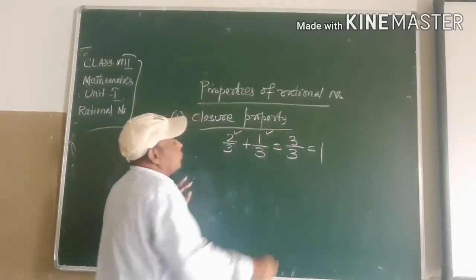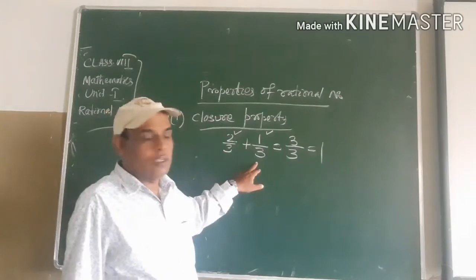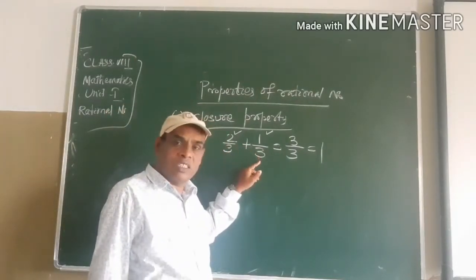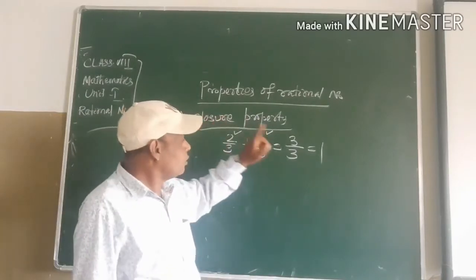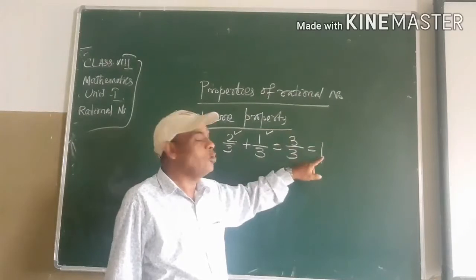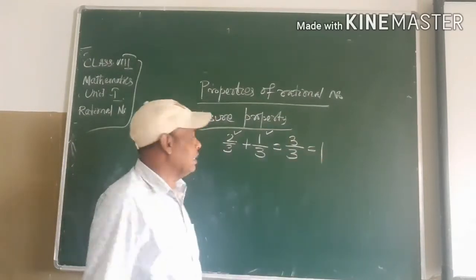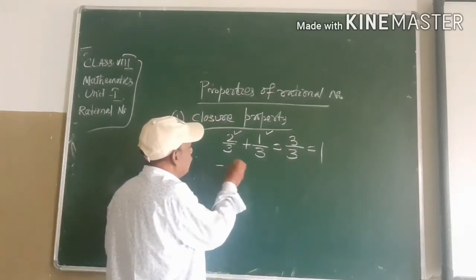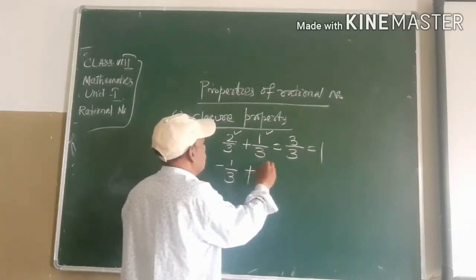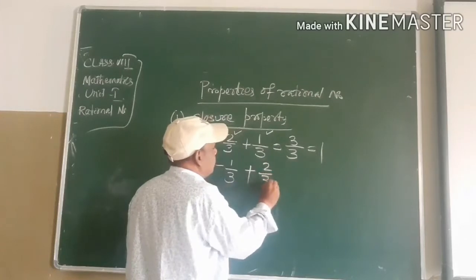whenever two rational numbers or any rational number is added with another rational number, whatever the result we will obtain, that is also a rational number. Another example, see. Suppose minus 1 by 3 plus 2 by 3.